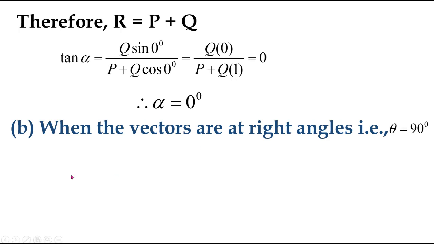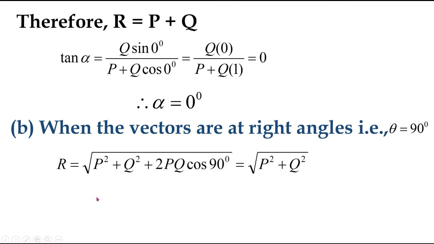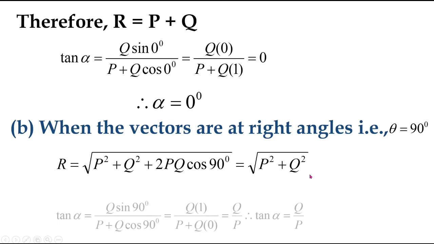Case 2. The second case, when the vectors are at right angles to each other. That means the angle between P bar and Q bar is 90 degrees, theta is 90 degrees. So the magnitude R is equal to root of P square plus Q square plus 2PQ cos theta. Cos 90 is 0, 2PQ into 0 is 0. Therefore we have root of P square plus Q square. So this is the magnitude.